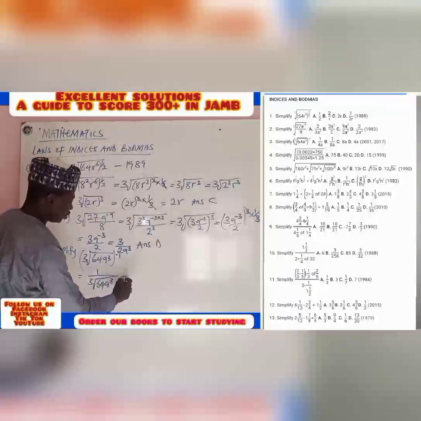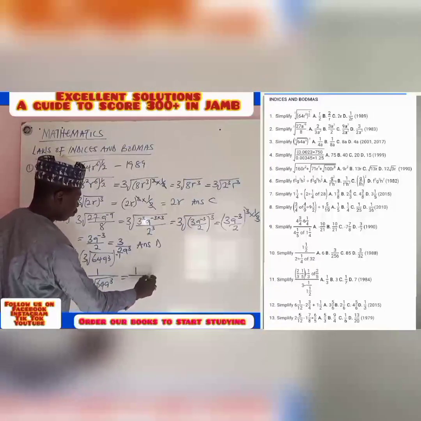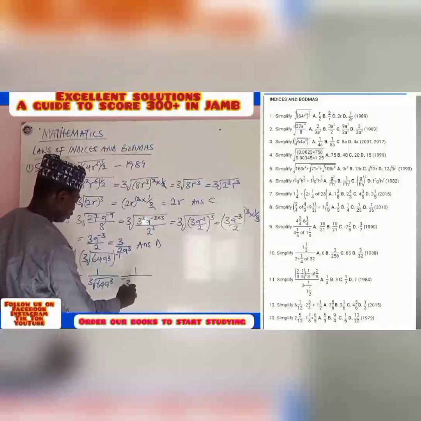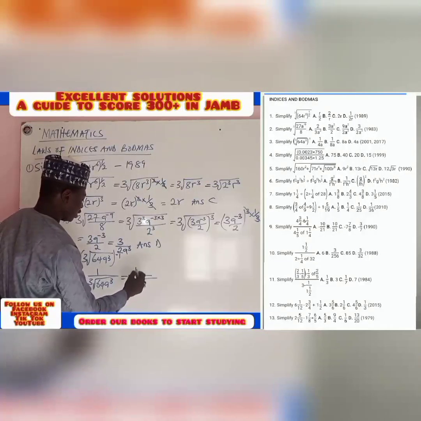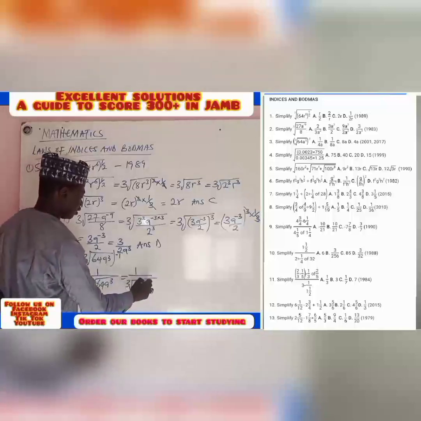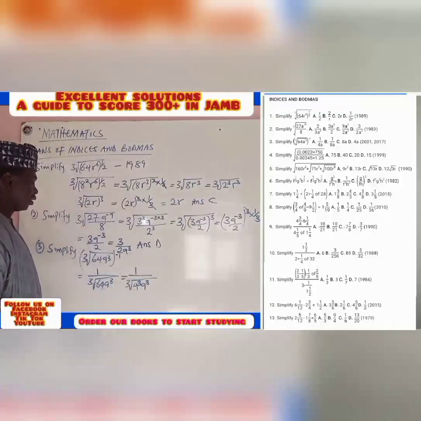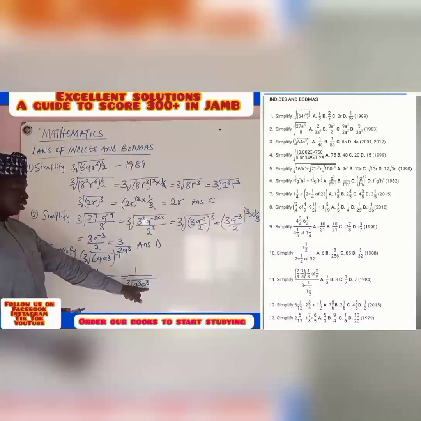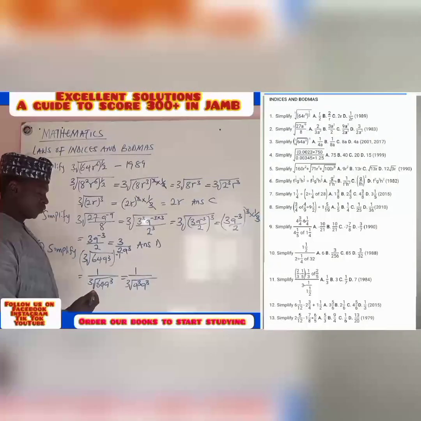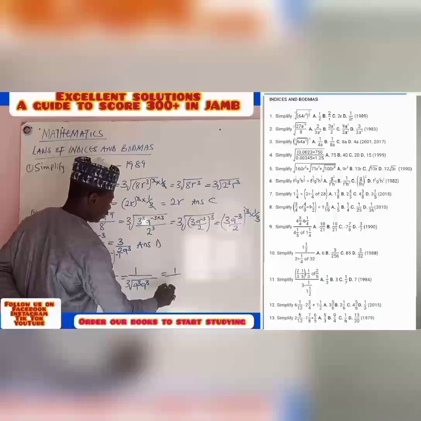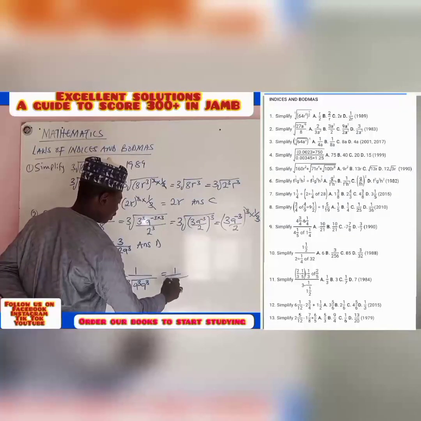So we can now reduce this as equals to 1 over cube root of 4 raised to power of 3 and a raised to power of 3. These 4 raised to power of 3 and a raised to power of 3, we can put them in bracket and give them all power 3. So this is the same as 1 over cube root of 4a all to power 3.